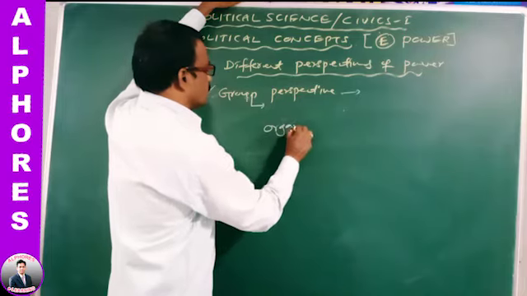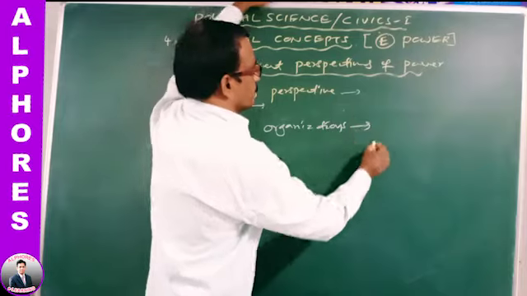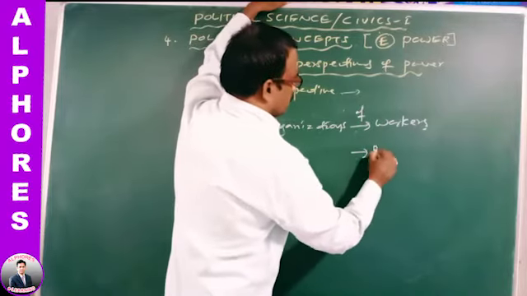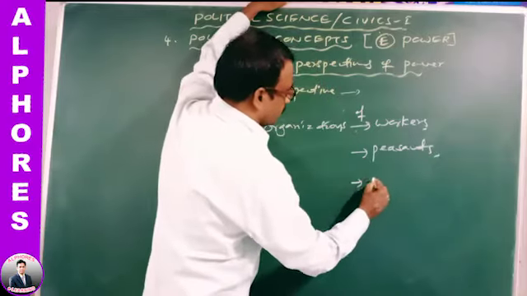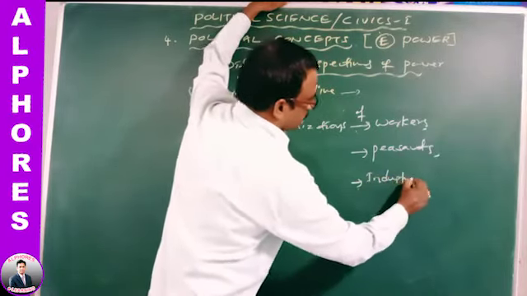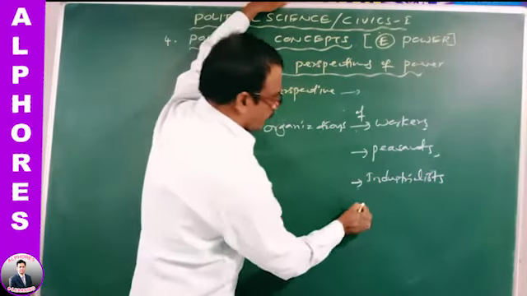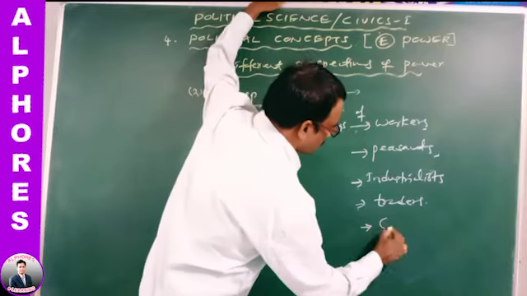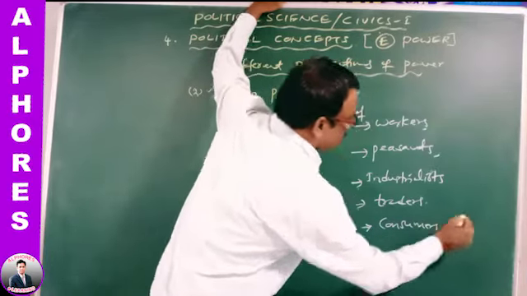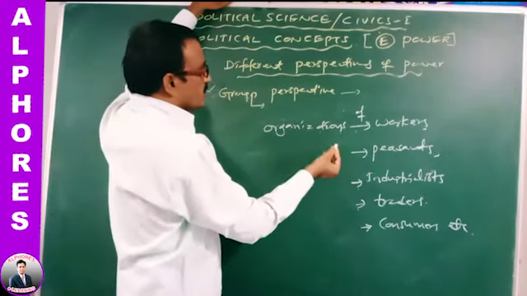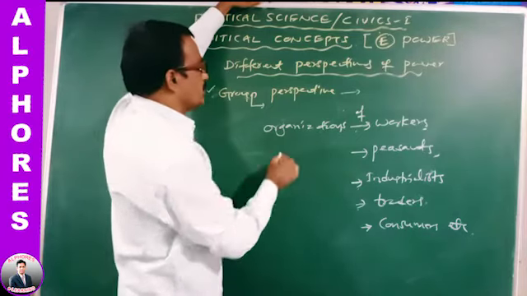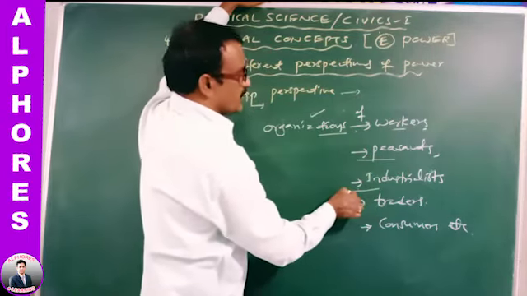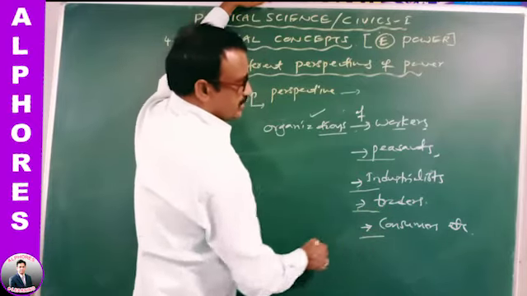Organizations related to workers, then peasants, then industrialists, then traders, consumers, etc. So according to this perspective, in society power is divided amongst various organs in the society, like the organizations of workers, organizations of peasants, organizations of industries, organizations of traders, organizations of consumers.